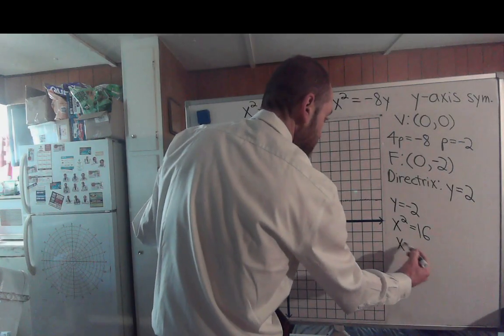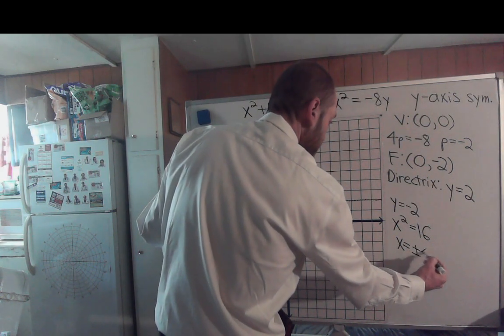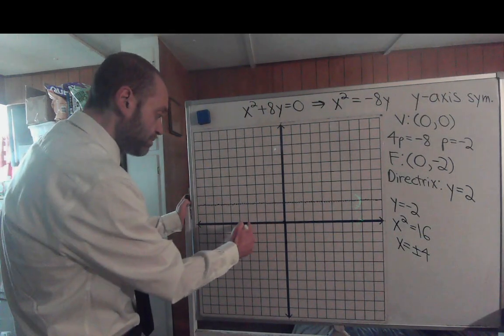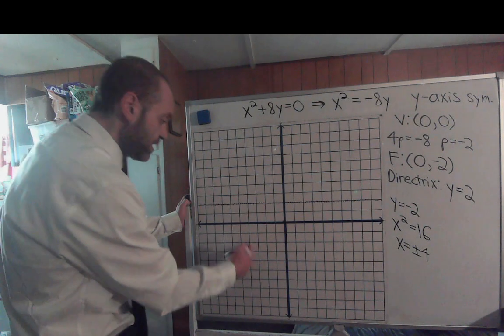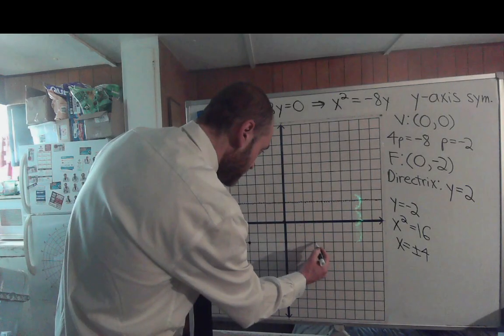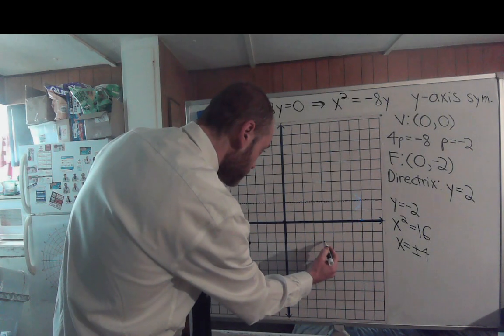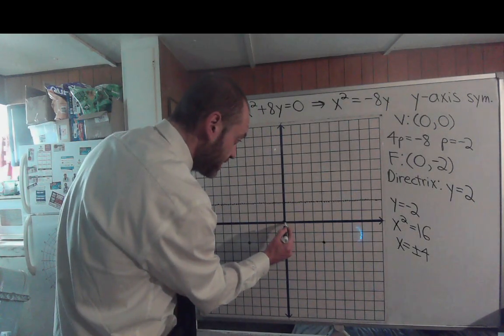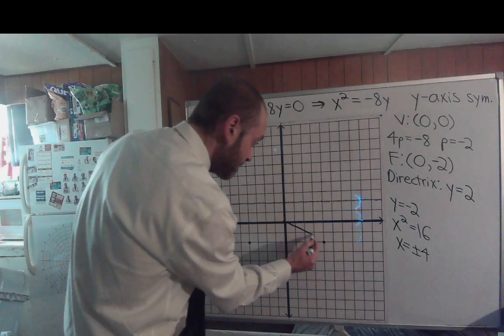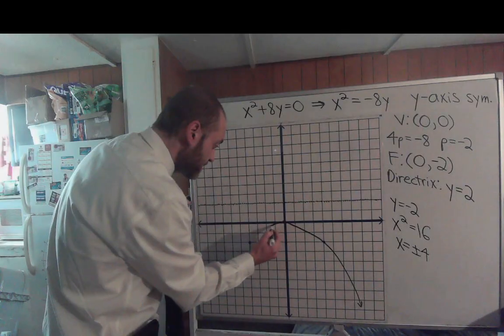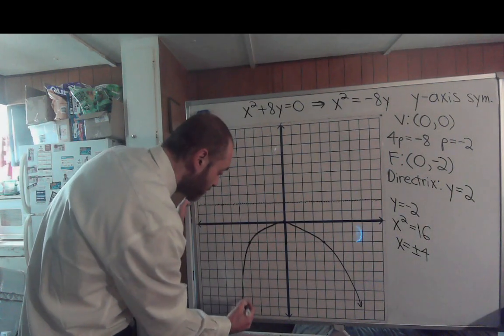That would give you x equals both plus and minus 4. So at both plus and minus 4 for x, you'll get a y-coordinate of negative 2. I just want to get a good, accurate picture of what this parabola is going to look like, and it's going to be a big one. That's going to be a big parabola, isn't it? A nice, wide open parabola.